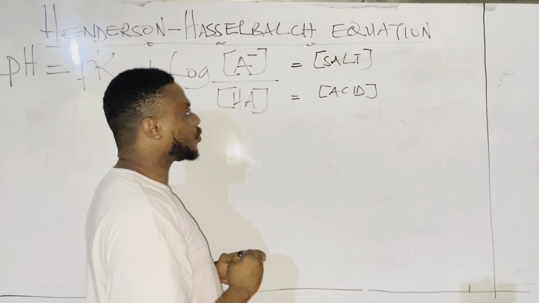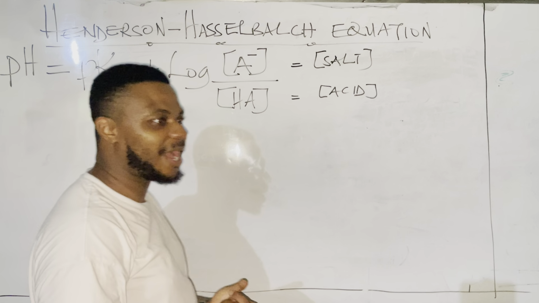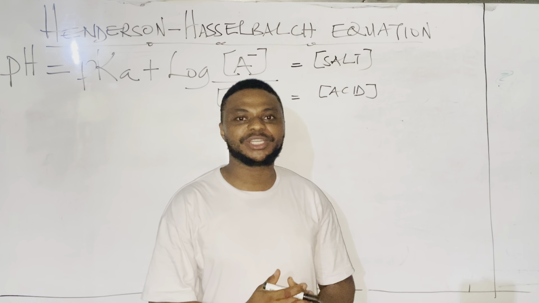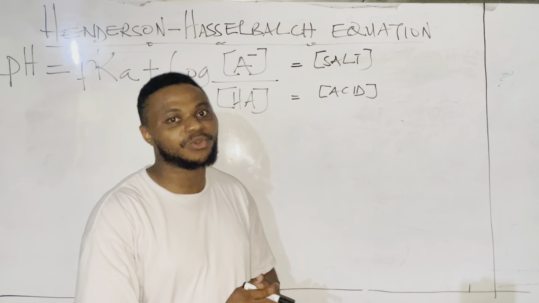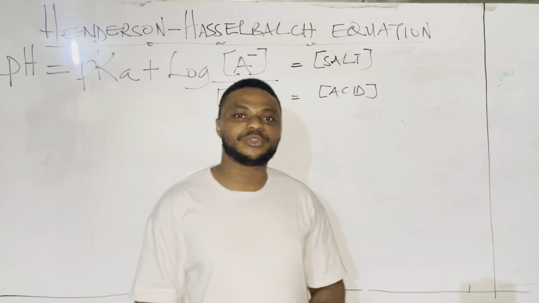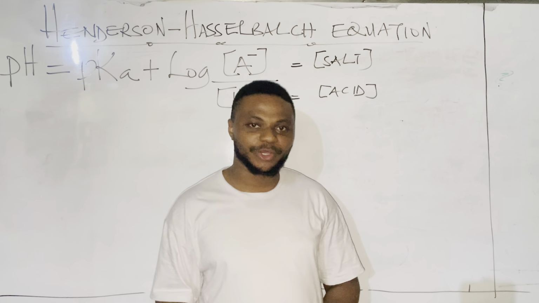Now, in a reaction that has to do with the dissociation of an acid, remember, what is an acid? An acid is any substance that produces hydrogen ion as the only positively charged particle in an aqueous solution, while a base is a substance that produces hydroxyl ion as the only negatively charged particle in an aqueous solution.